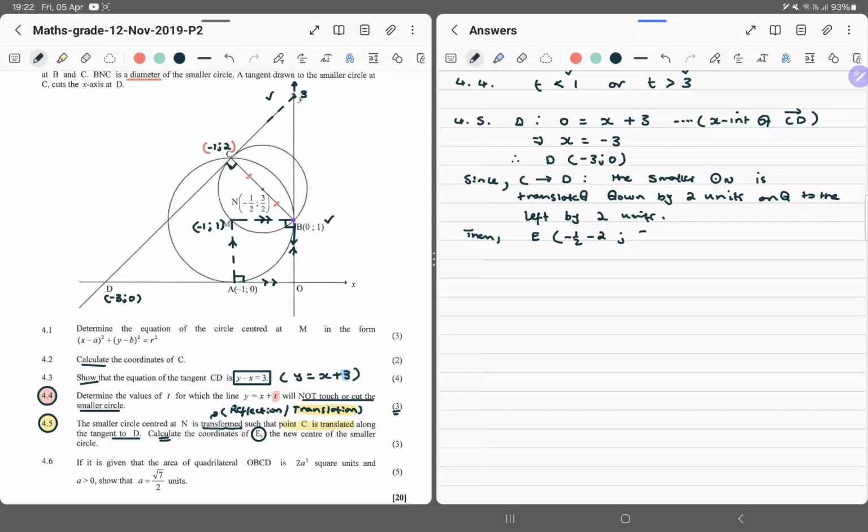Now this was 3/2, and then we are translating that down 2 units. So therefore point E becomes, you multiply that, it becomes -4. -4 minus 1 is going to be -5/2. You multiply that, it's a 4. 3 minus 4, it's -0.5. Okay.